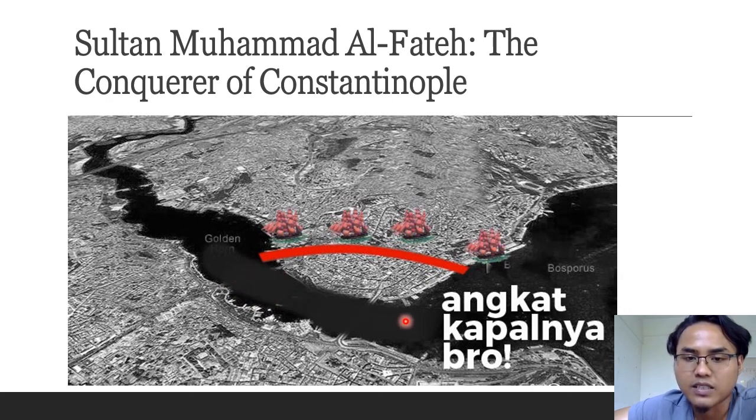So, in another way to cross the chain, Sultan Muhammad Al-Fatih decided that he and his soldiers would leave the ships and cross the hill here.